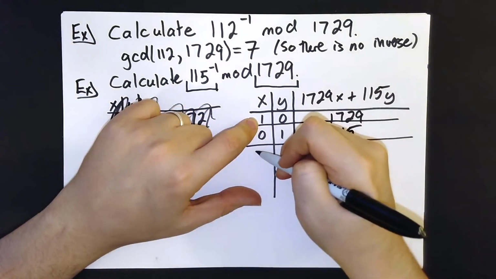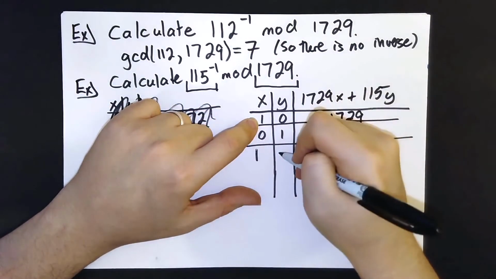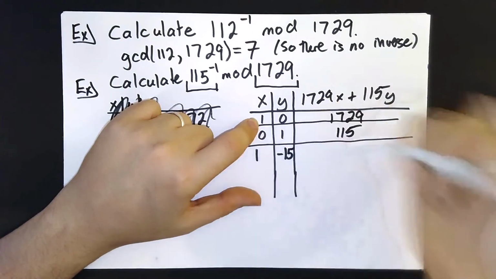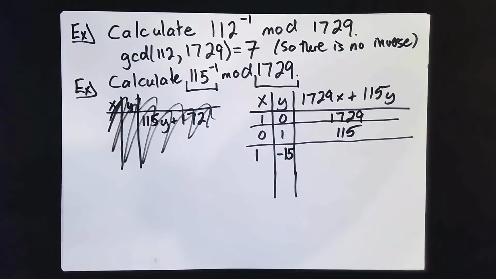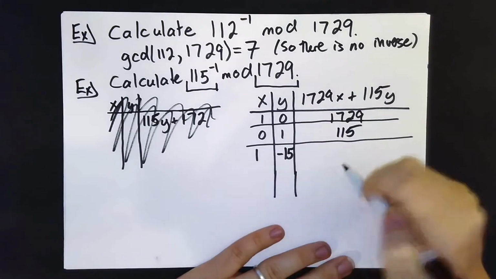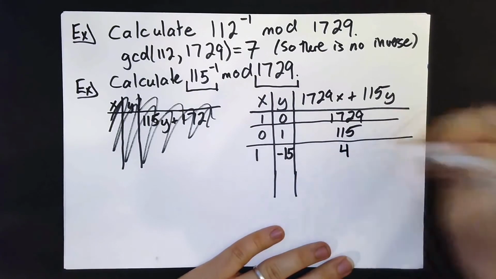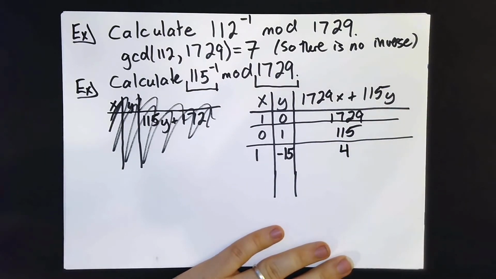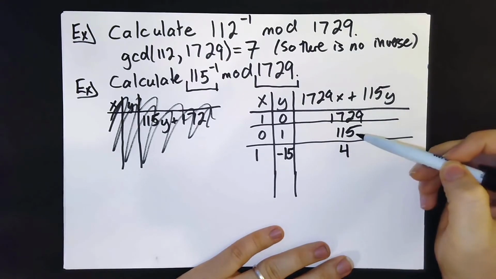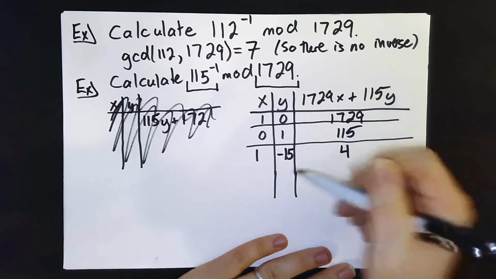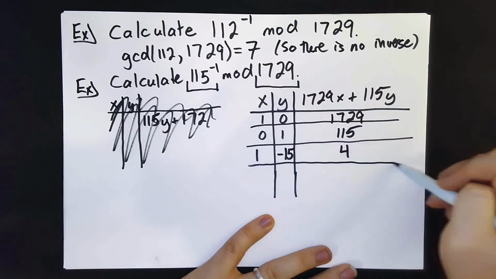So that means I'm going to still have a 1 in this column, but now a minus 15 in this column. And when you do this, you'll find out that you get 4. That is to say, when you calculate 1729 minus 15 times 115, you'll get 4.